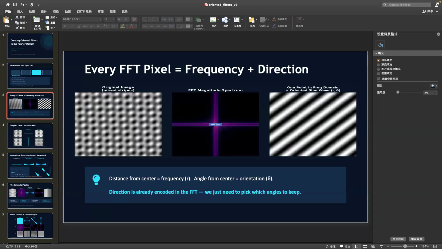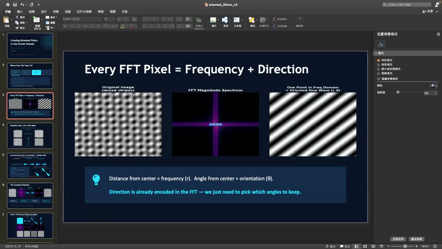Let me remind you of something emphasized last class. When you look at the FFT of an image, every pixel tells you two things. Its distance from the center tells you the frequency, how fast the scene is changing, like the wavelength of a sine wave.